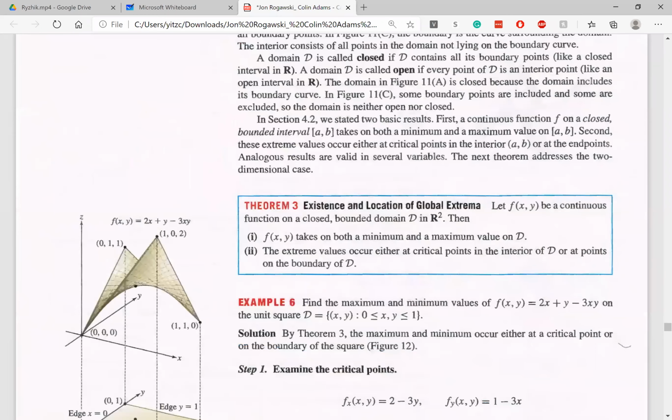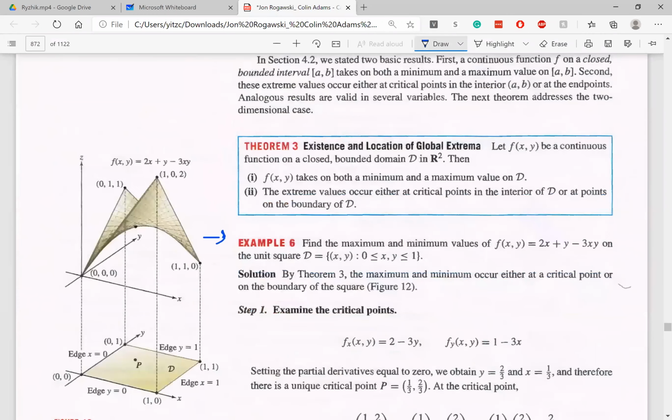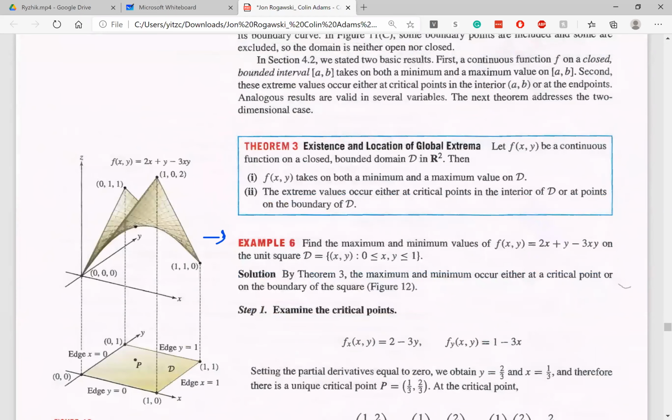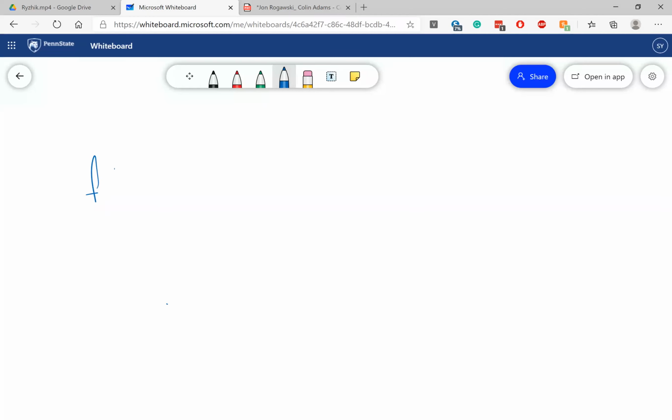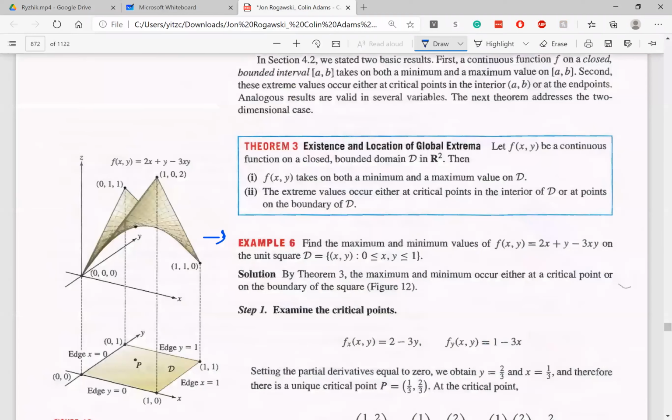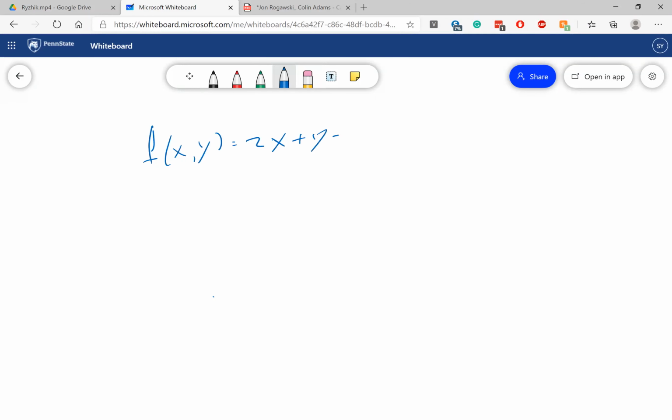Here's an example. Find the maximum and minimum values of the function f(x,y) equals 2x plus y minus 3xy on the domain, which is the set of all points (x,y) such that x and y are between 0 and 1.